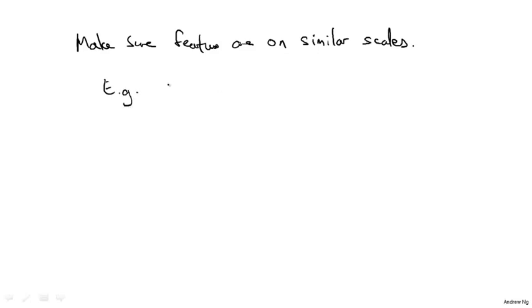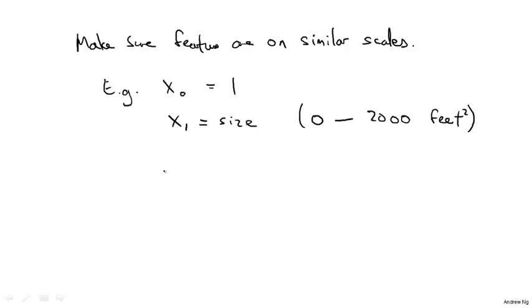So, for instance, for our housing example that we were using earlier, x0 was always equal to 1. X1, which was the size, our houses run up to, say, 2,000 square feet, that was the typical range. And x2, the number of bedrooms, ran from, let's say, 0 to 4 bedrooms, that is typical.